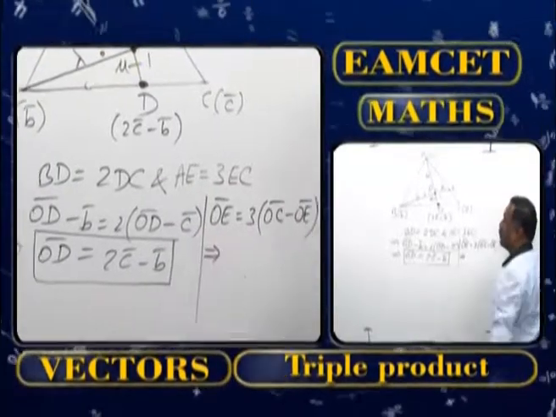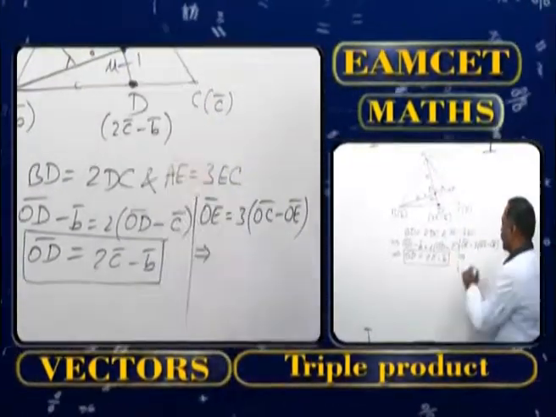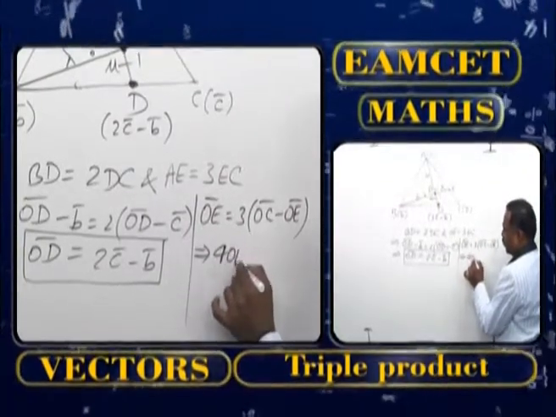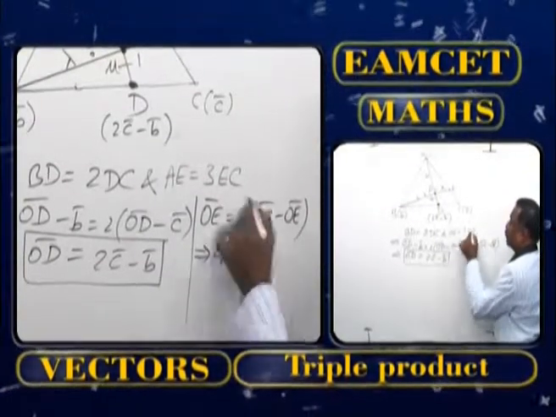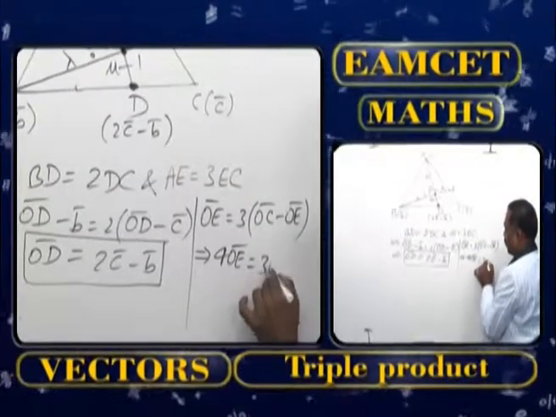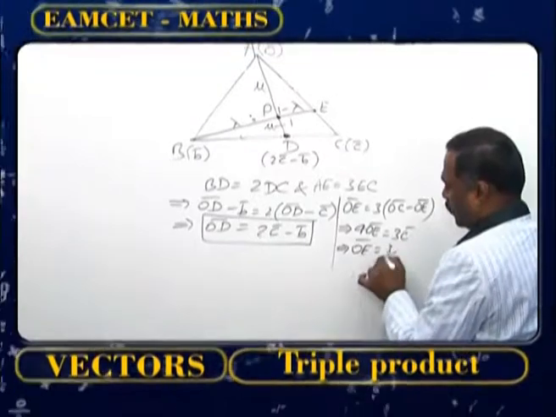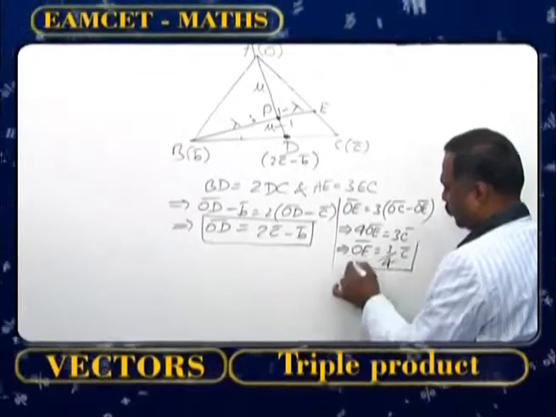What is OE here? OE is to be found out. OE plus 3 OE, 4 OE is equal to 3 OC. What is OC here? C. So what is OE bar here? 3 by 4 C bar.